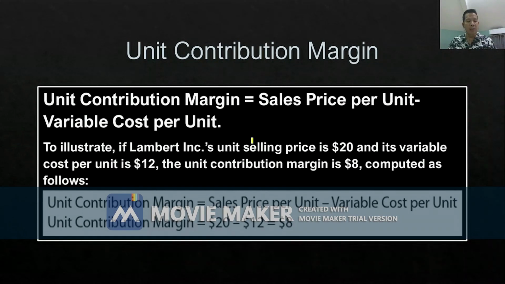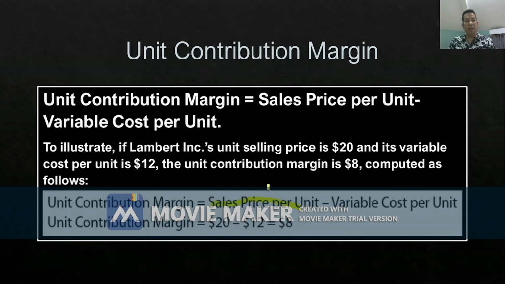It is computed as follows: unit contribution margin equals sales per unit minus the variable cost per unit.